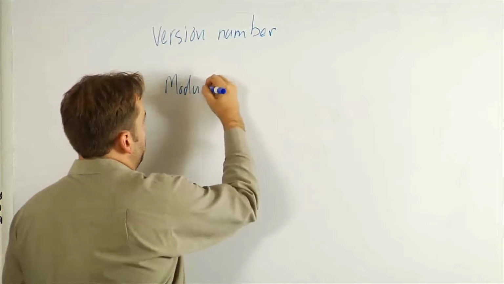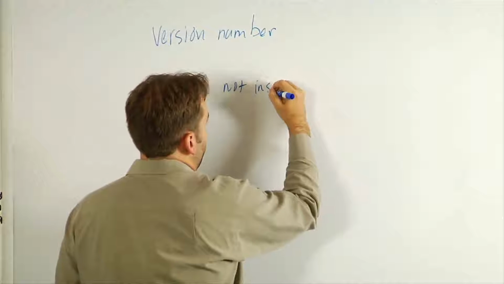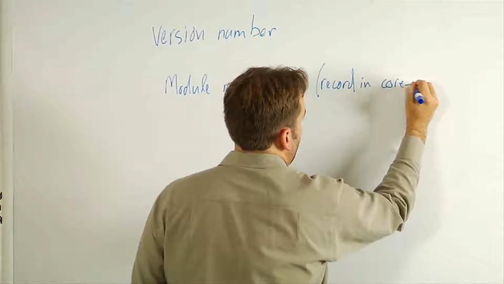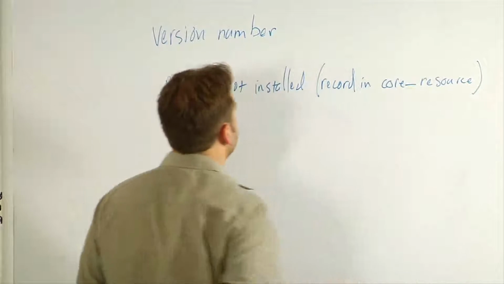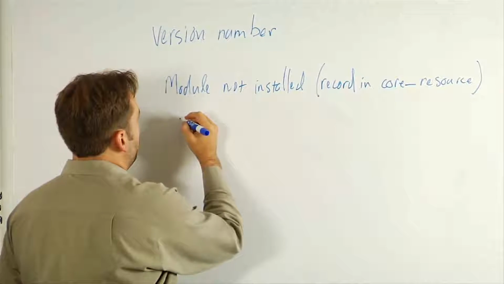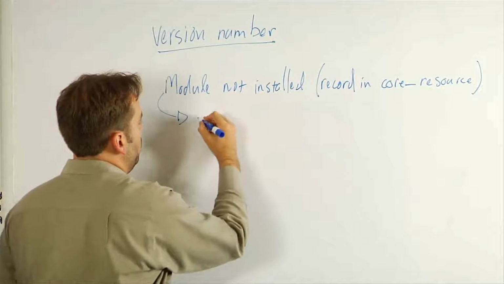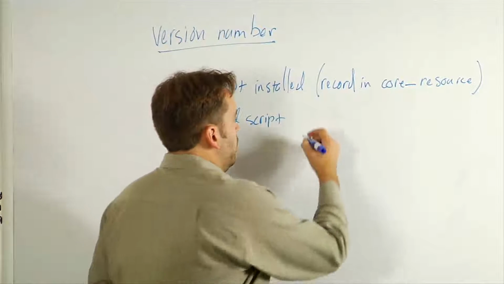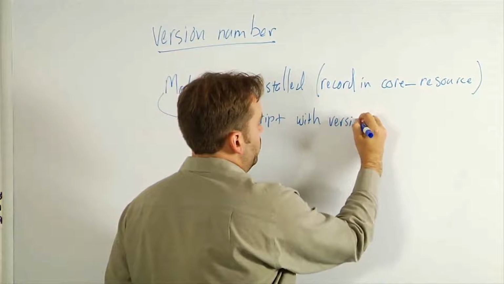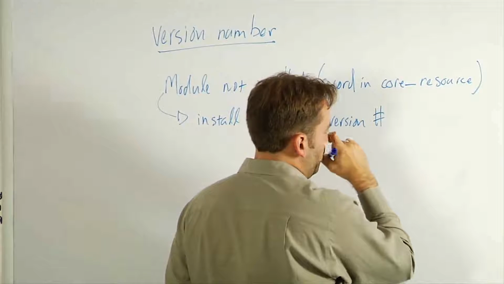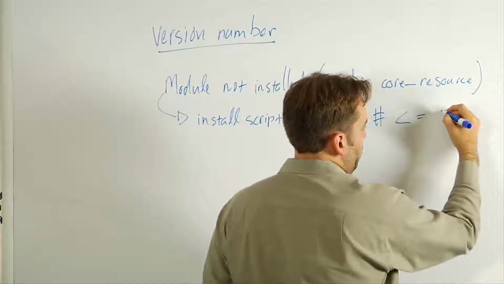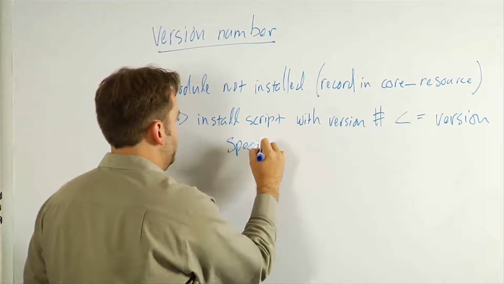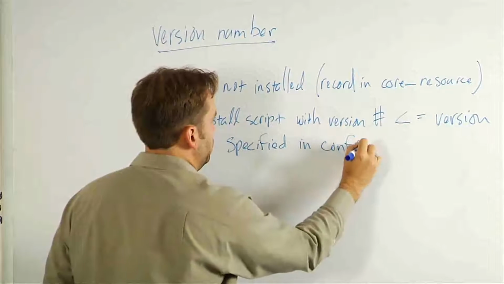So if your module is not installed, i.e. no record in core resource, then the system will look for an install script with a version number that is less than or equal to the version specified in config. Okay?